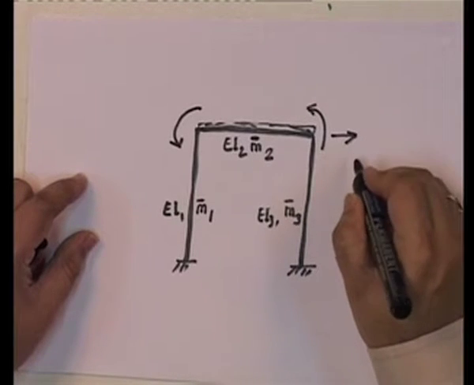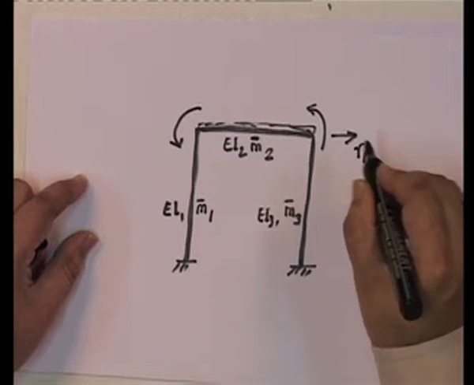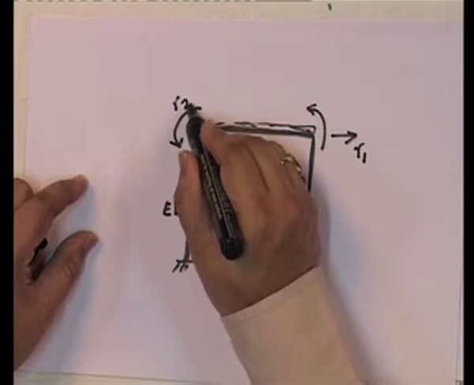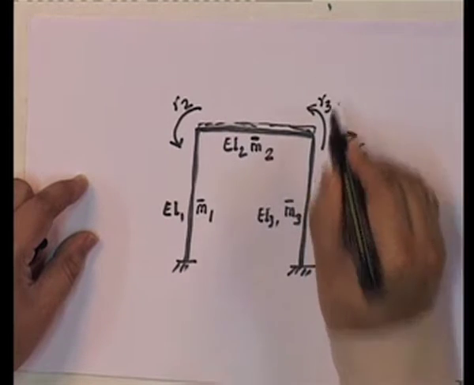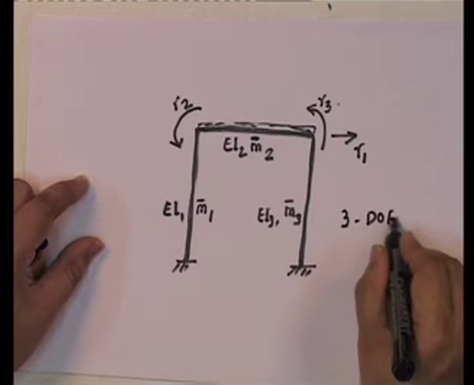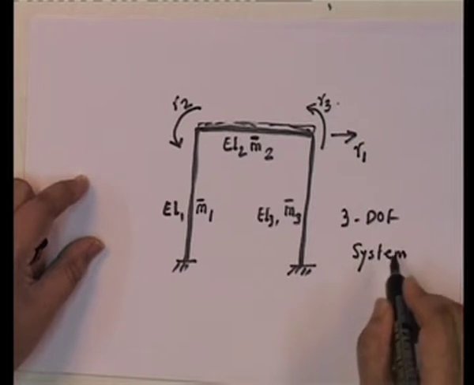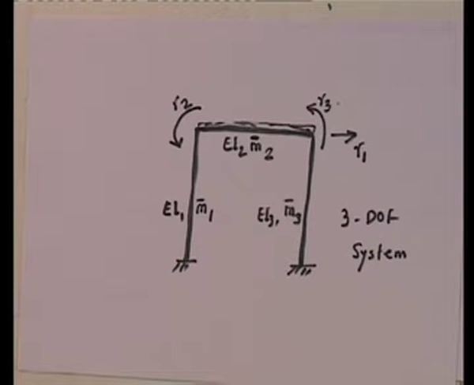So, I will call this R 1, R 2, R 3. So, this is a 3 degree of freedom system.